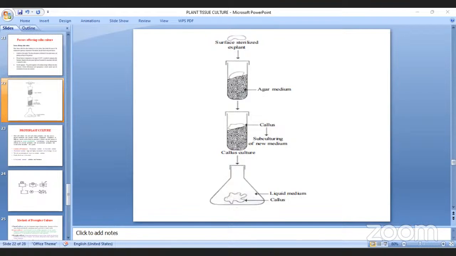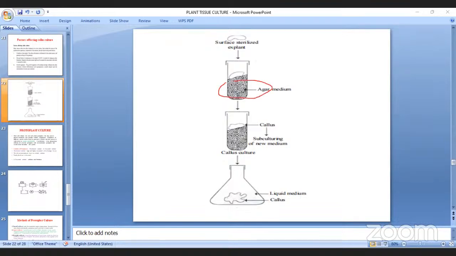If we see it diagrammatically, surface sterilization is the first step, as already told. Select the explant, then surface sterilization with chemicals like HgCl2, sodium hypochlorite and so on. Finally, wash with distilled water. The second step is preparation of agar media.